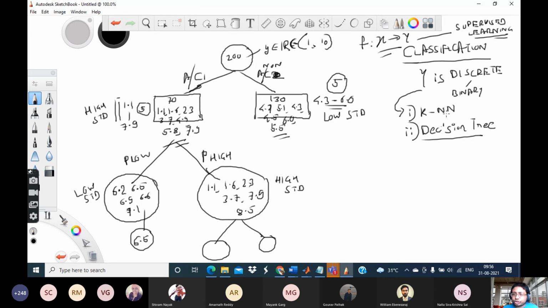So there is k nearest neighbor and decision tree, the two algorithms we have learned for classification. Now, in case of k nearest neighbor, what are the choices to be made? One, the value of k. The second choice is the weight of different neighbors: how to weigh the different neighbors?